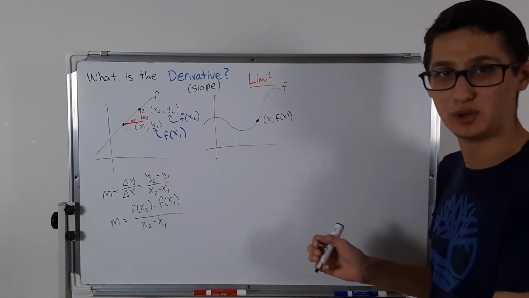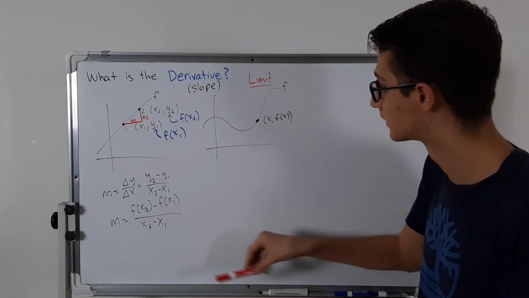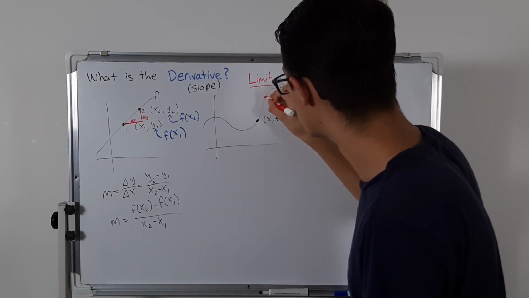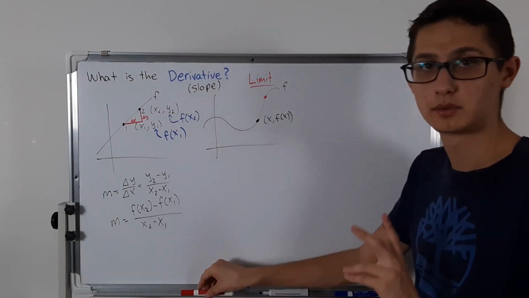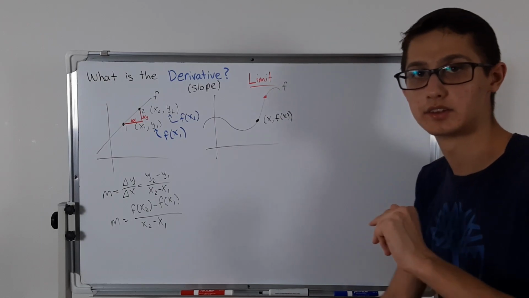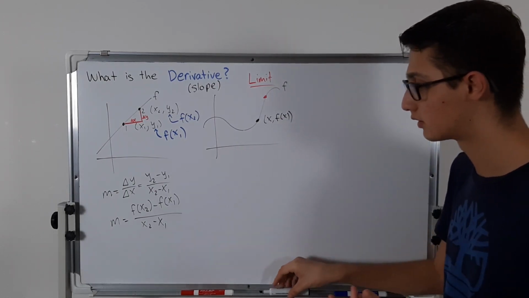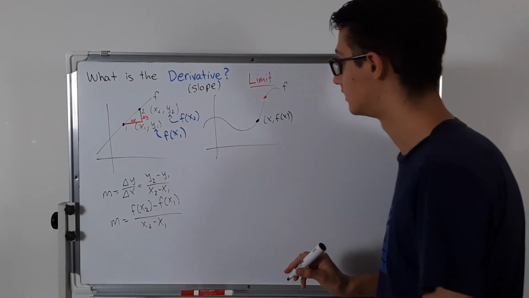But remember, we need 2 points, so where is that second point going to come in? Well, what we can do is take another point over here, and there are 2 ways of going about this. I'll save the second way for another video, but here's the one that's usually shown first.